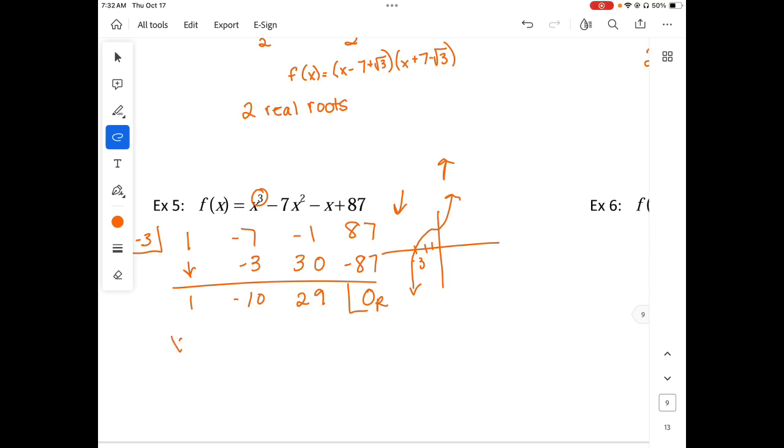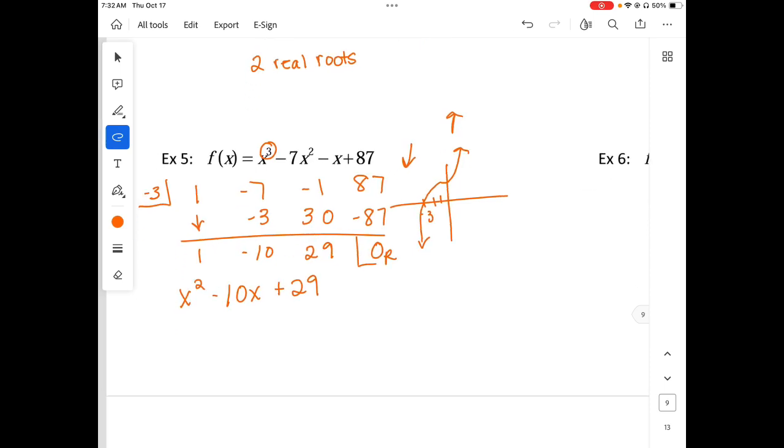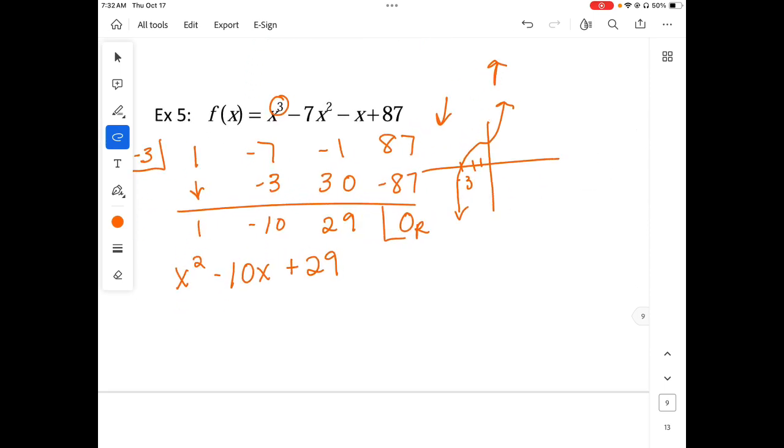So we are left with x squared minus 10x plus 29. I look at that one, I'm like, there's no way I can factor that. So it's 29, and we know that it's going to be imaginary anyway. It's not going to give us an actual number, so it can't be factored into binomials. So instead, we're going to use our quadratic formula.